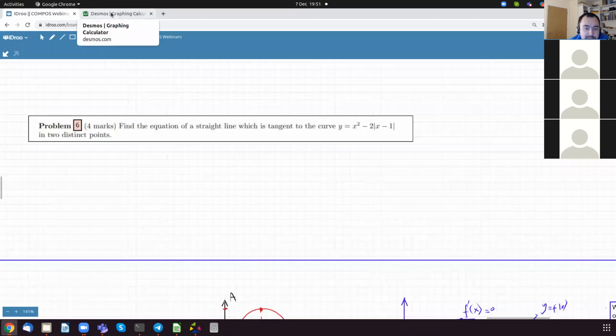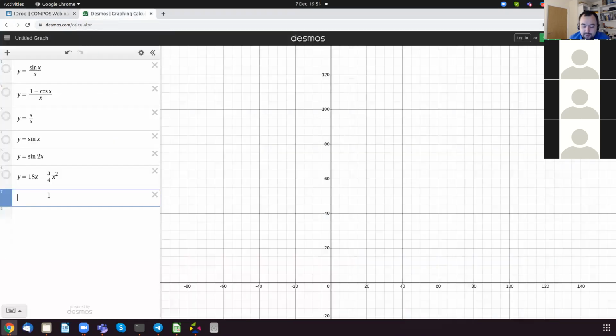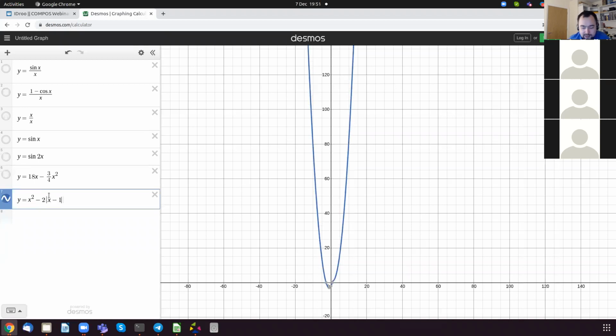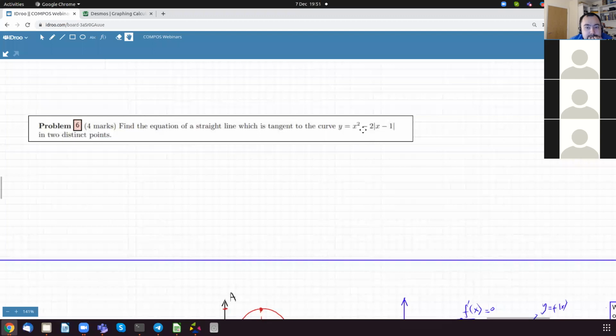So y equals x squared minus 2 modulus x minus 1. Is that correct?